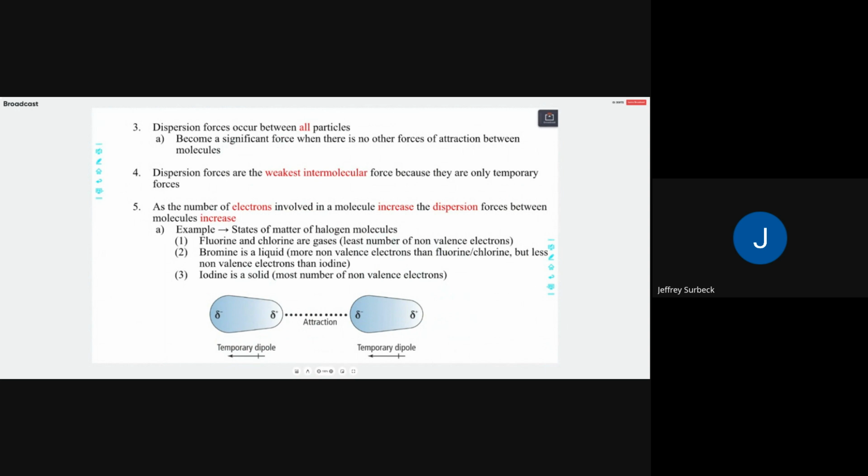So again, because these poles, these positive and negative poles, which by the way, remember that fancy S sign there is just standing for partial positive, partial negative, in this case, partial plus and minus side. It's only temporary, okay? Because it's only temporary, very, very weak, right?